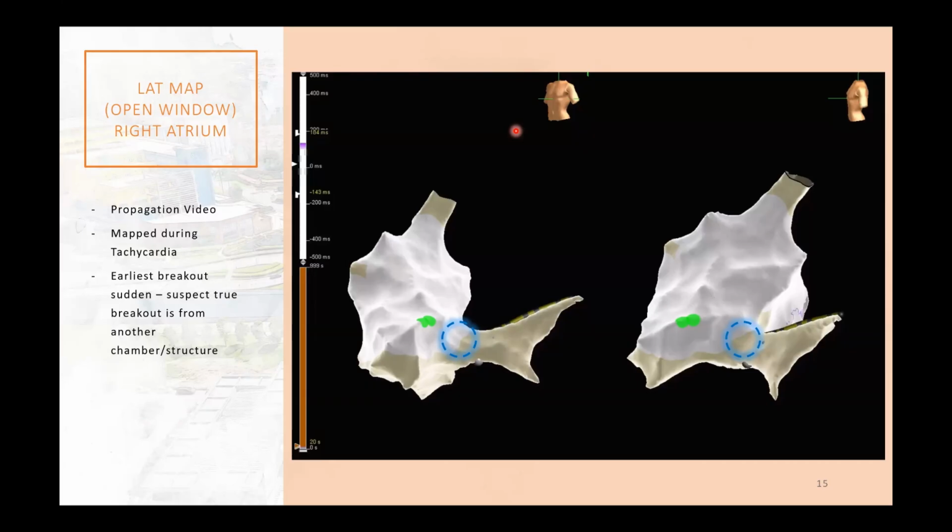One of the attendees asked me how we can make sure it's safe using a non-irrigated catheter and ablation inside the MCV without contact force. My answer is that it's based on the impedance. We can see the impedance. If it's not dropping or going too high, it means that it's safe.